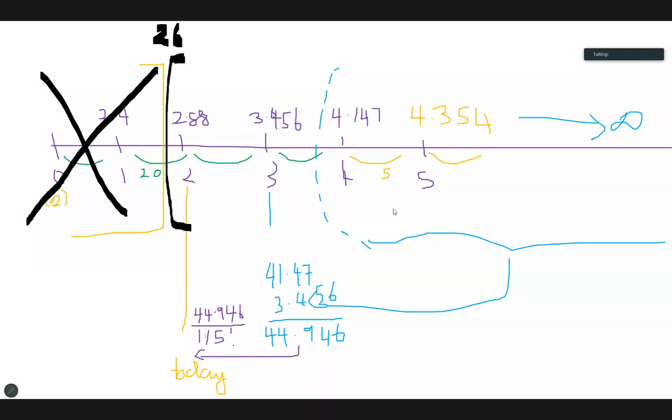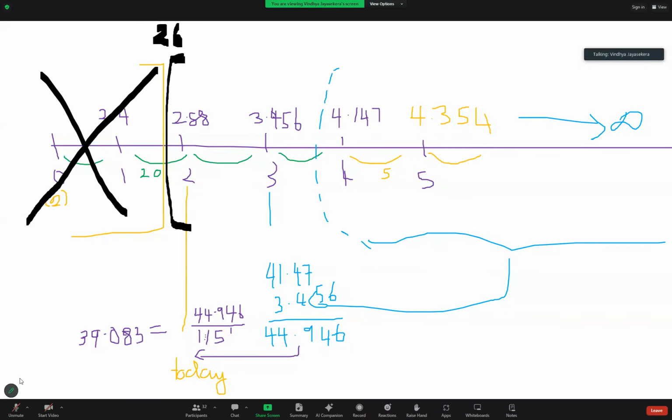When I discount it for 1 year, what's the answer you all are getting? 39.083. Is that the answer?